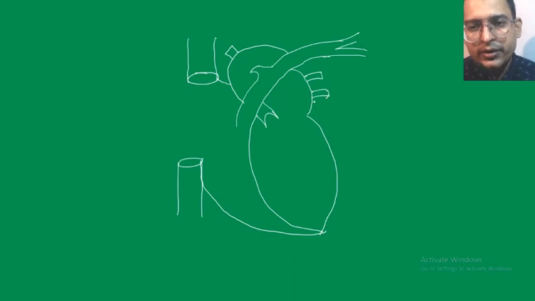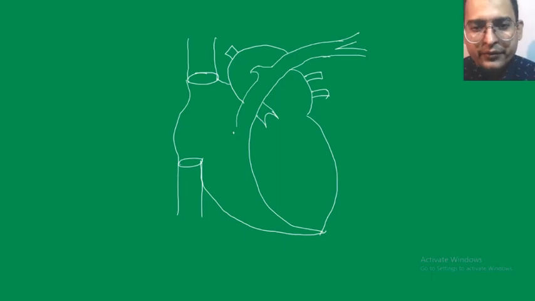Here we are able to see the different vessels that are entering into the different chambers of the heart.